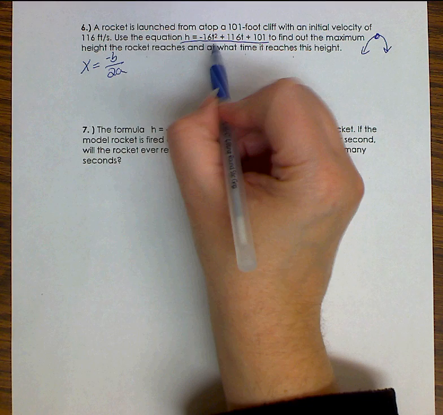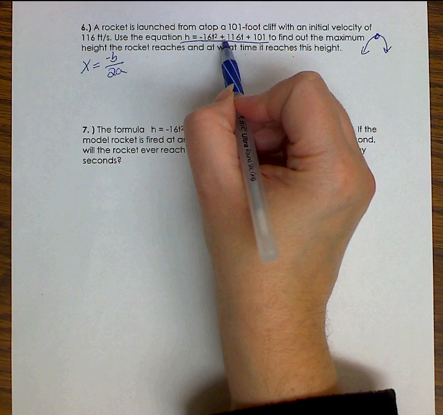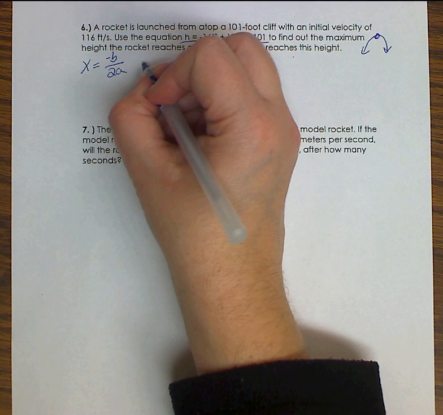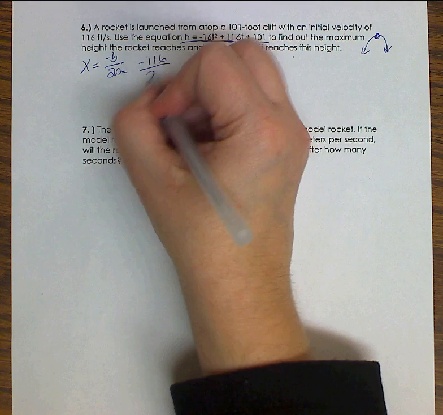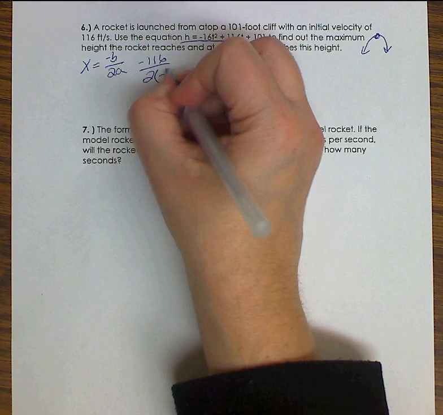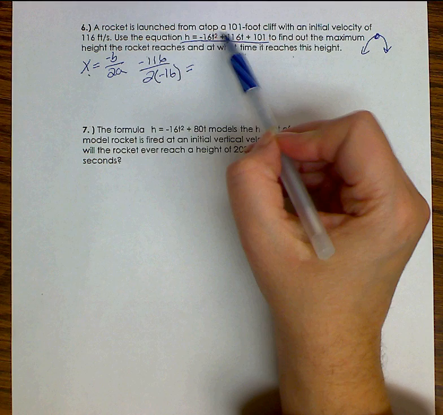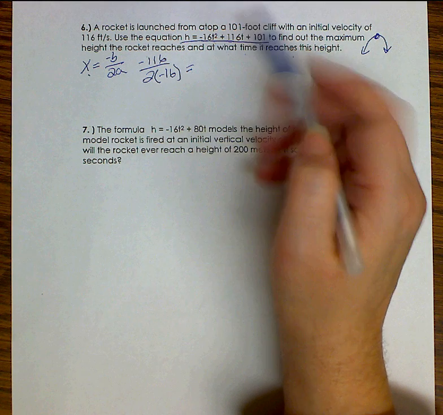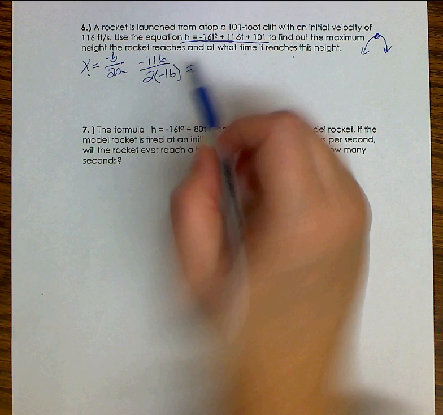So a is your negative 16, b is 116, so I have negative 116 over 2 times negative 16, and this gives me the x value, which is our t value, which t in this case is time. So in your calculator, put this in and find out what it is.